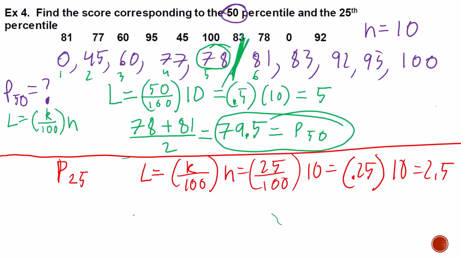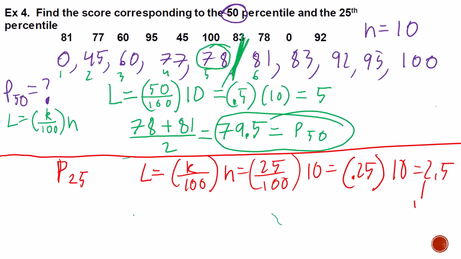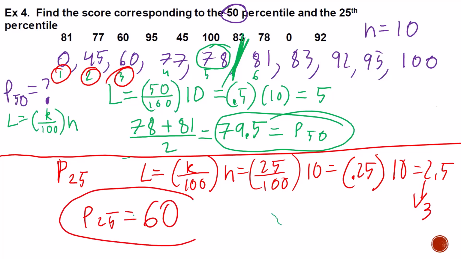So then you just follow the procedure. You round up to the next whole number. So that becomes 3. Then you count 1, 2, 3. 60.